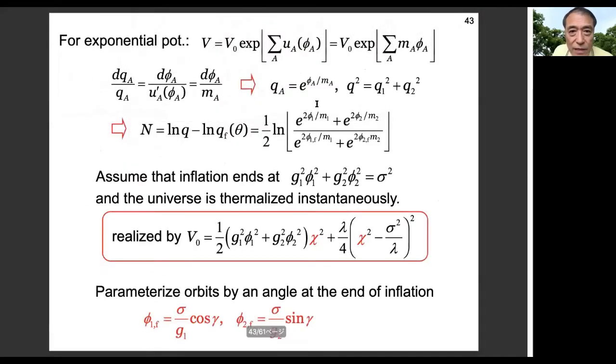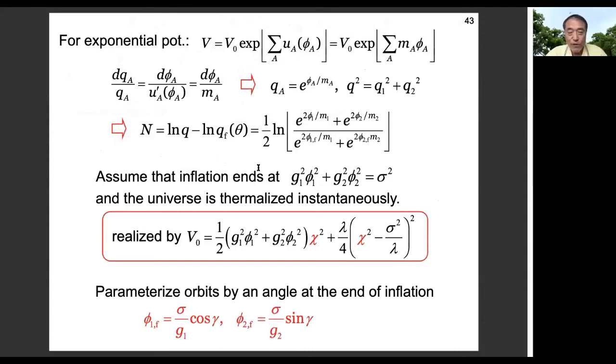As I said, for the simplest exponential potential, you can easily solve everything, and then you can define this Q. Q is essentially this sum of exponential functions. Then the number of e-folds can be written in terms of the original field, like this.